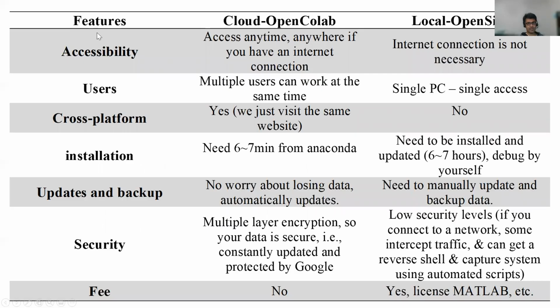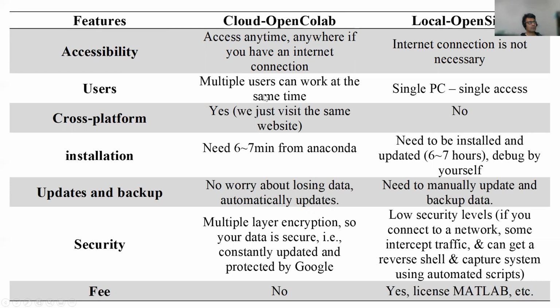Some of the features when we talk about cloud-based or local: you probably have heard a lot about cloud-based computing. So some of the features that we think OpenSim in Colab has versus OpenSim on your local computer. Accessibility: anyone from anywhere can access it, just having internet. The local one doesn't need internet.